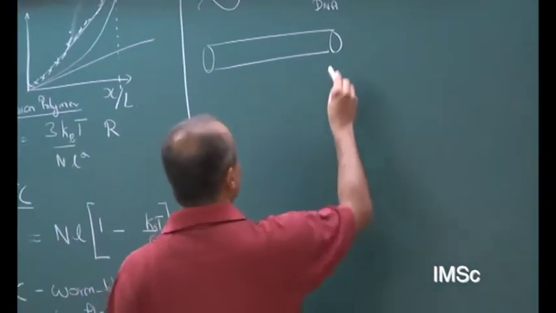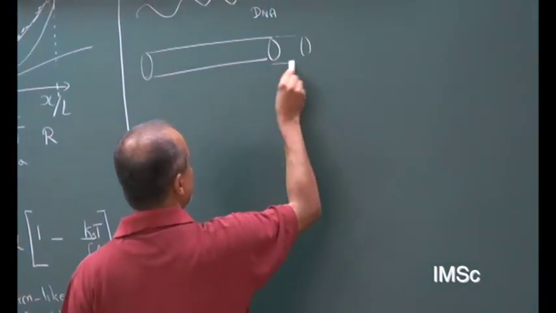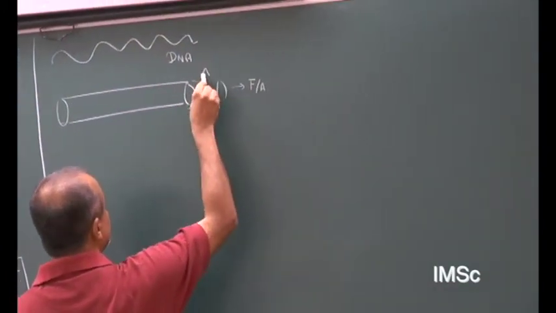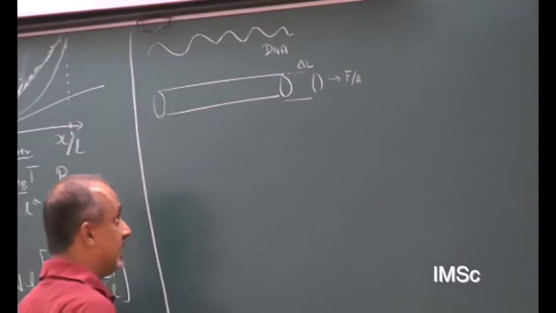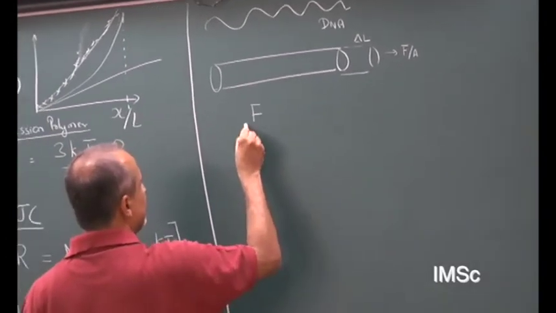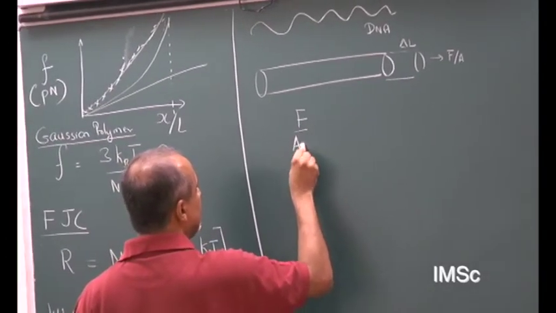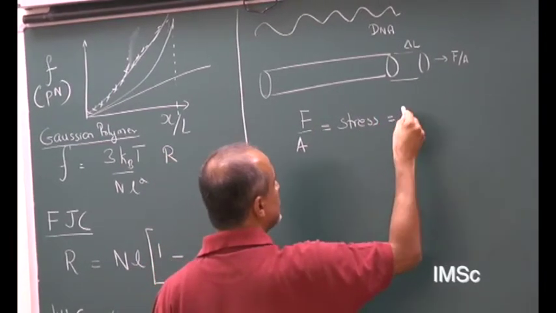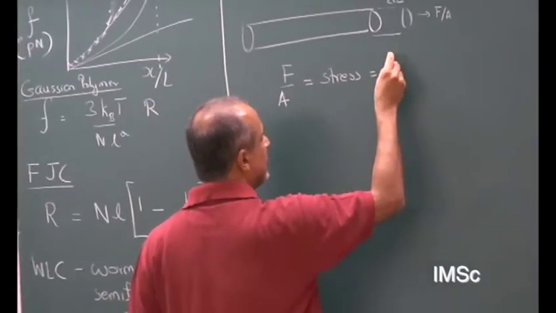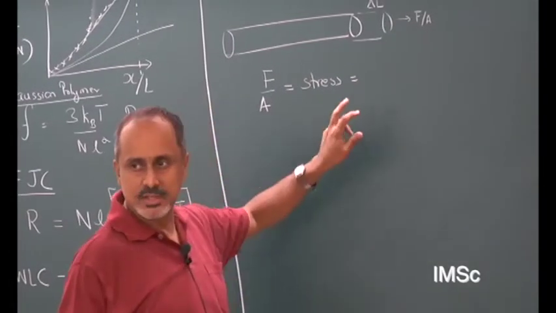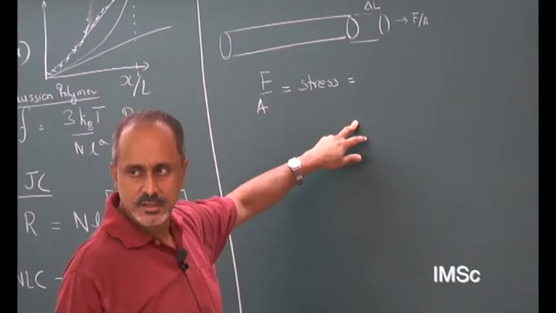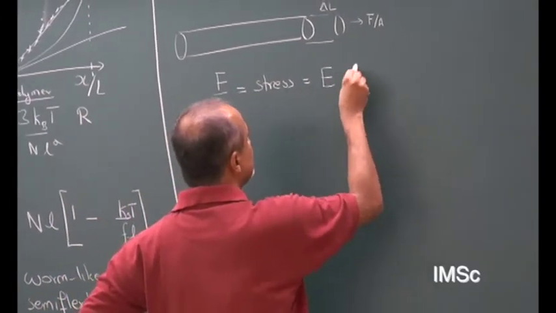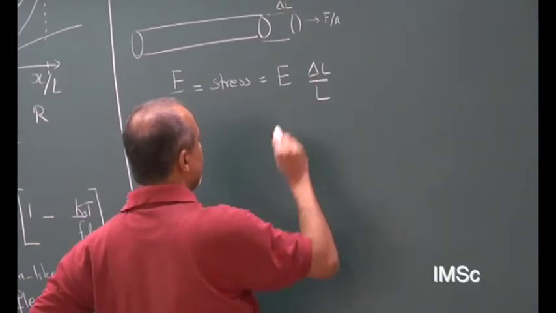We said one thing you could do would be to pull at it from this side by exerting a certain force per unit area, and then there would be some extension delta L, and we showed that F divided by A, which we call the stress, was proportional to, what notation did I use for this, Young's modulus? The E was E times delta L divided by L.